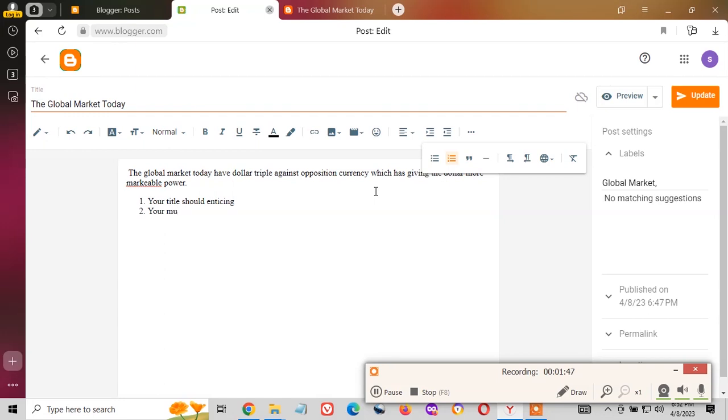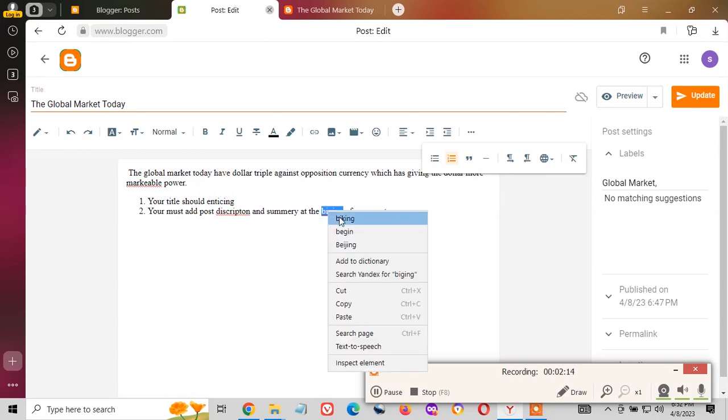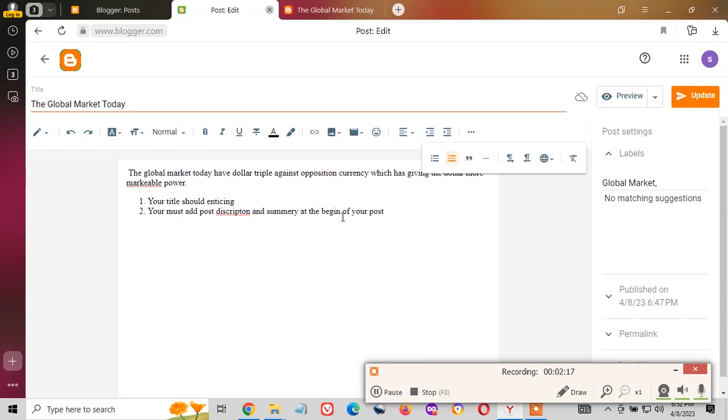You must add post description and summary at the beginning of your post.